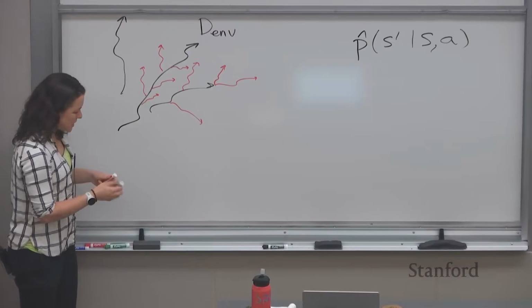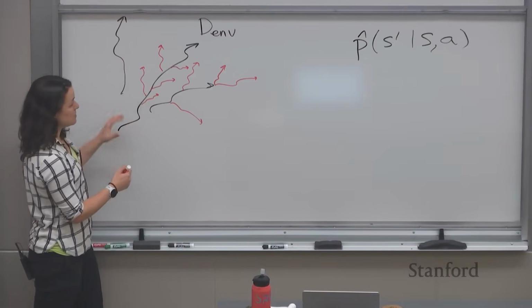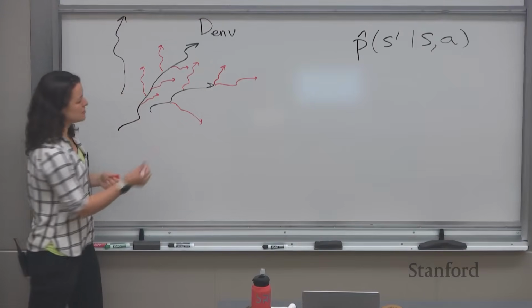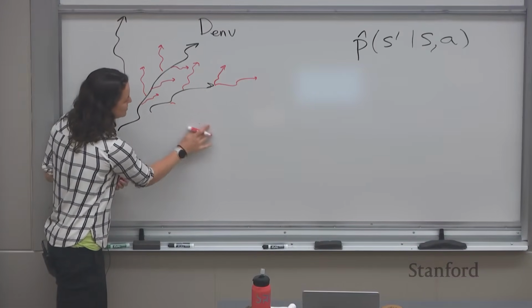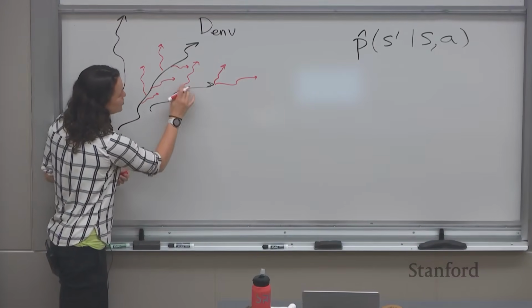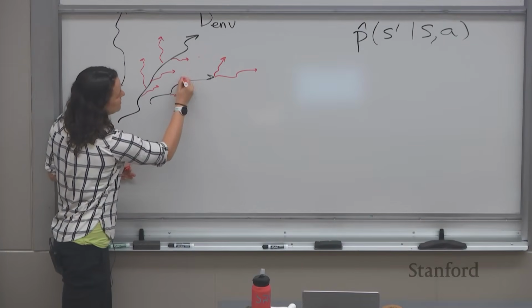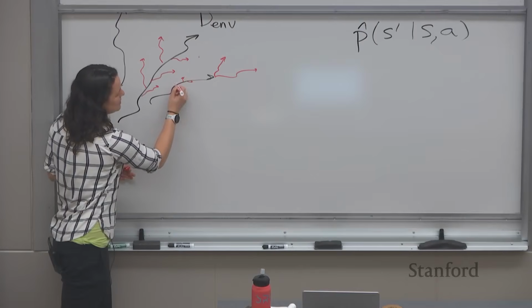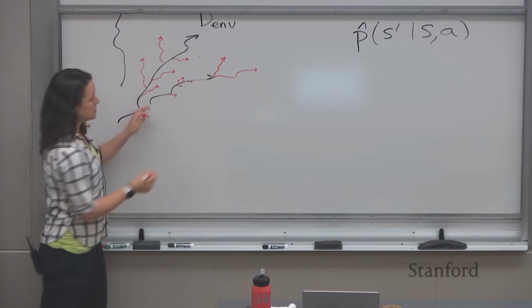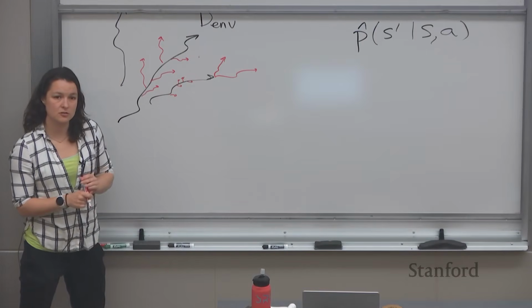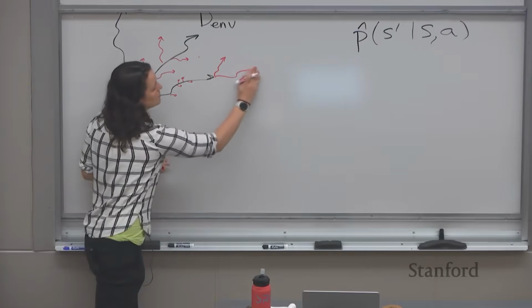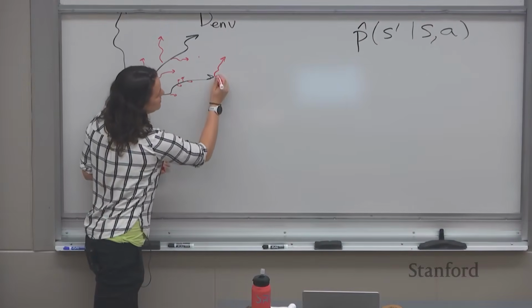Instead of having these be almost as long as your original trajectories, you could change them to be just little short rollouts that look something like this, and that basically add a little bit more coverage around the trajectory in your data. And that would look kind of something like this.